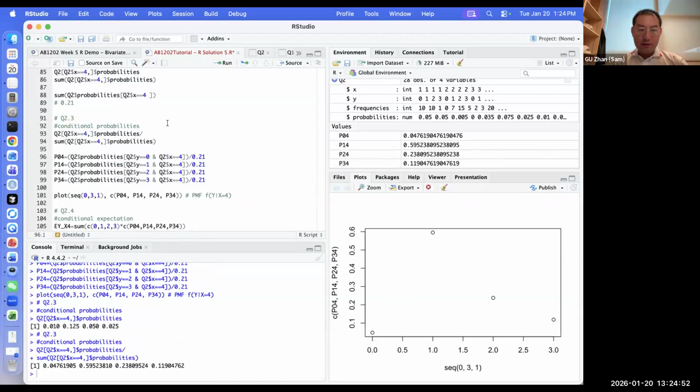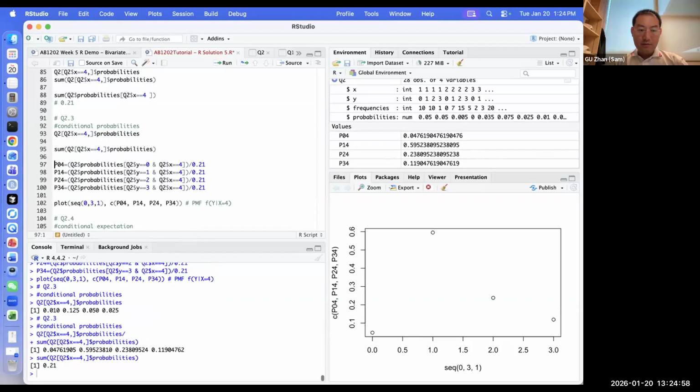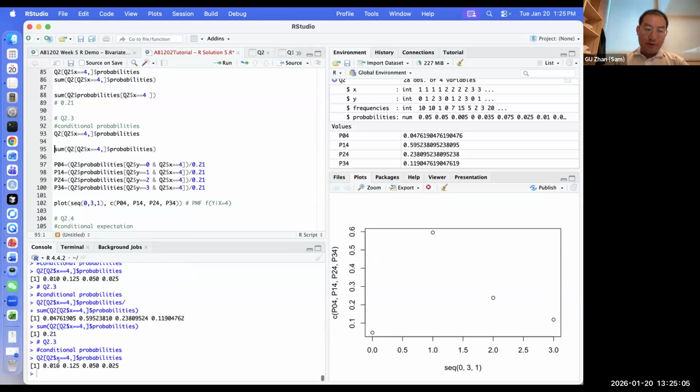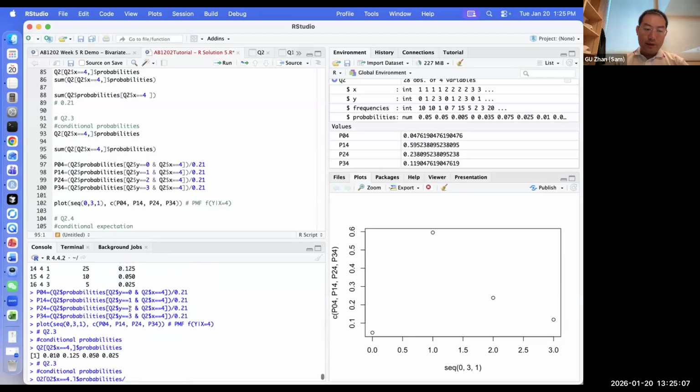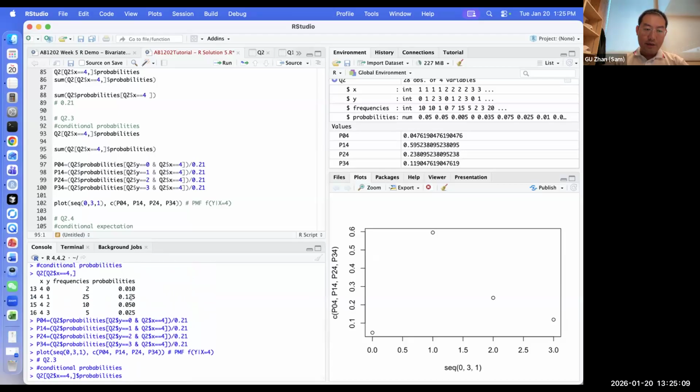The sum is 0.21. Then the 1, 2, 3, 4 probabilities are there. These are the 4 probabilities, and the sum is 0.21.